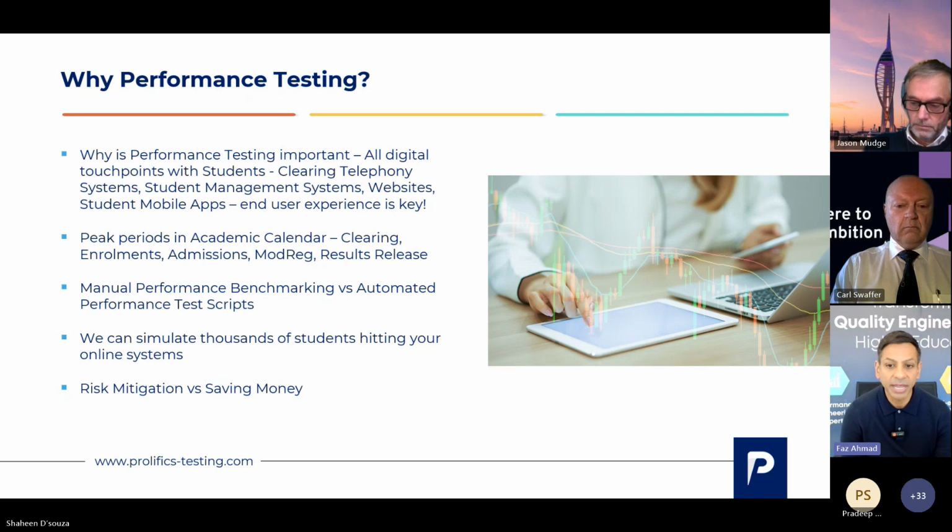In our experience, we find universities who have suffered from performance issues in the past tend to invest more in performance testing. Some do this in-house and others use specialists like us. Either way, the aim of performance testing is simple. It's to use automated tools to simulate high traffic to see if a digital platform can support the number of users it should be able to, and also ensure end user experience is within acceptable levels.